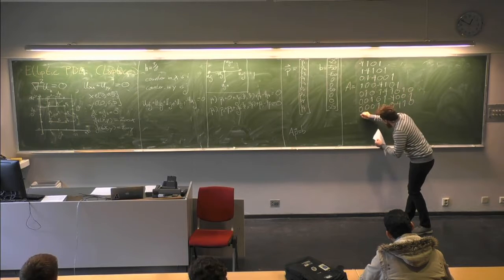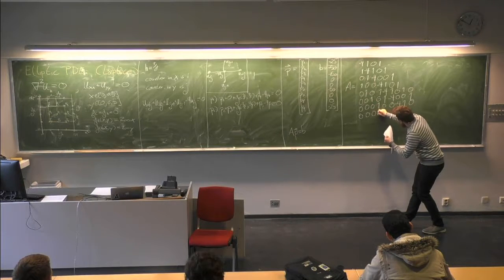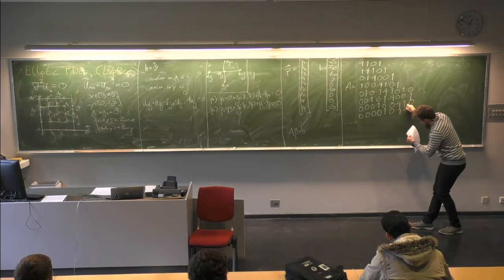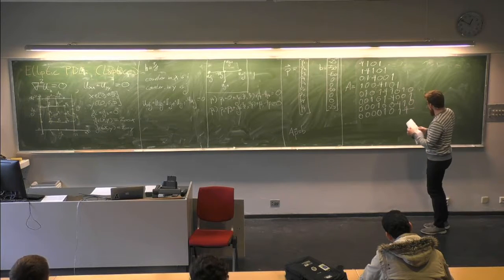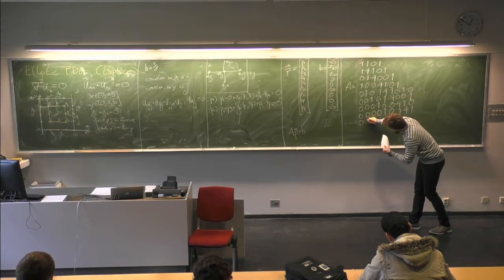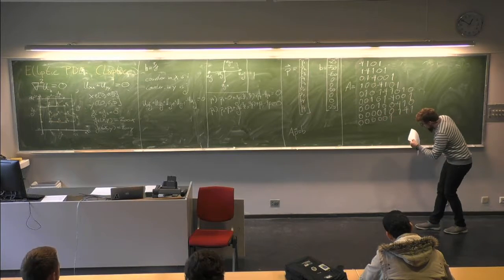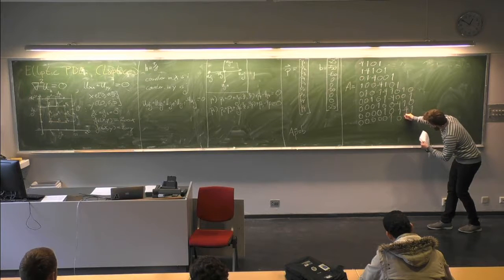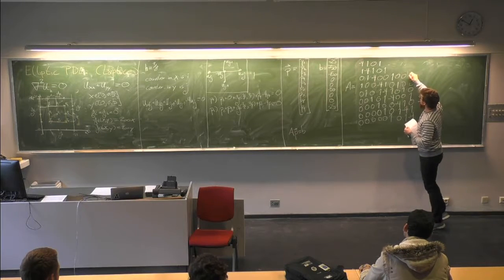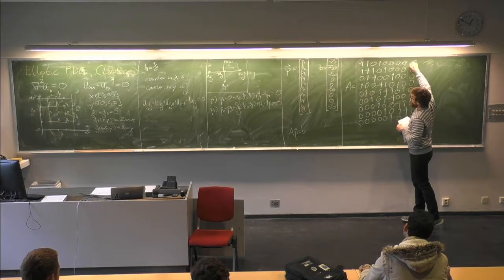For P8 and P9, we do the same. Then the rest of these are zeros. If this was a larger system, it would have taken a while.